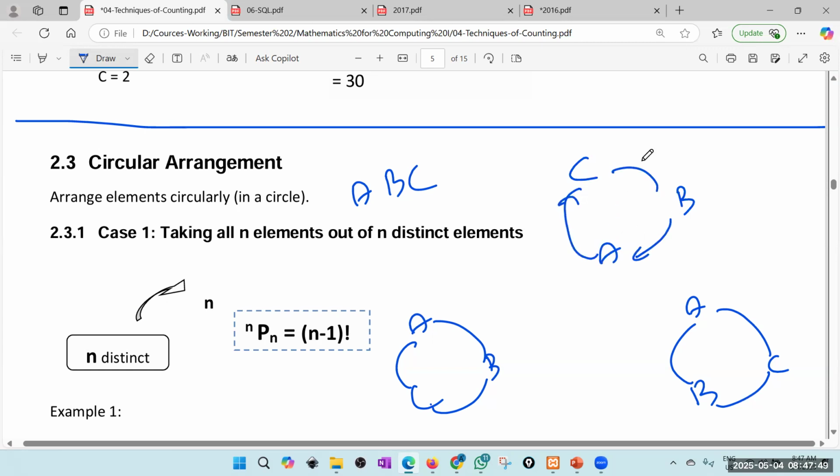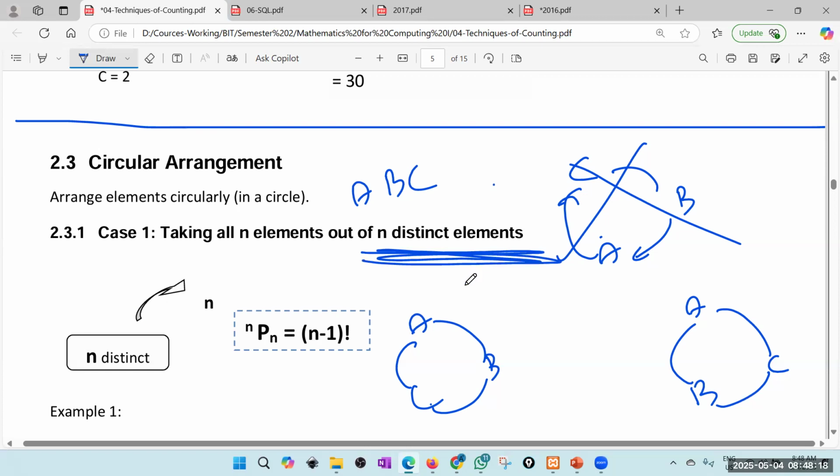Now this is also CBA. You can see CBA, CBA. So therefore this is not a different arrangement. Sometimes you may feel like it's a different arrangement, but you will see that when you rotate this, it is the same.